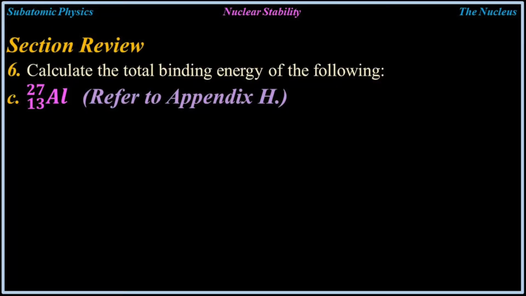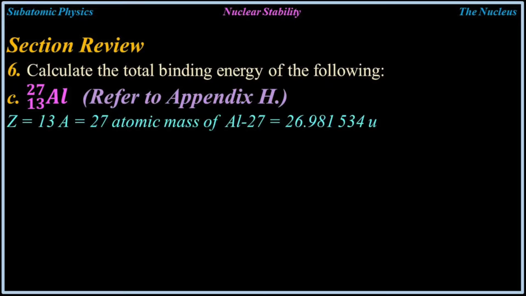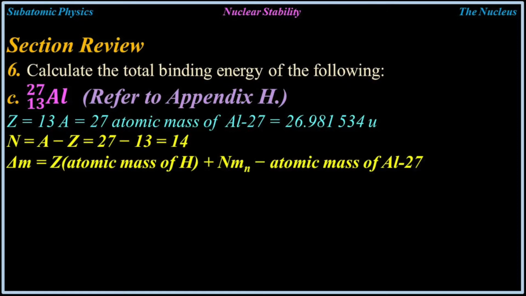1559.4 mega electron volts. Calculate the total binding energy of aluminum-27, refer to Appendix H. There's the Z, it's 13, 27 is the mass number, and 14 neutrons.